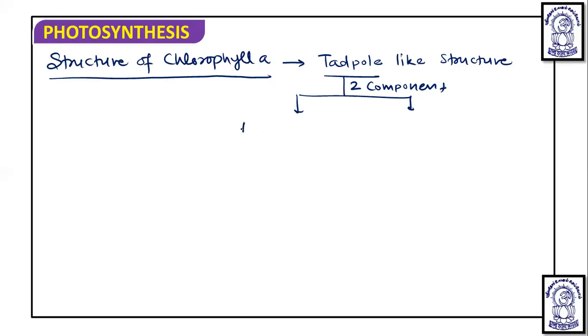One is the porphyrin head and the other one is the phytol tail.